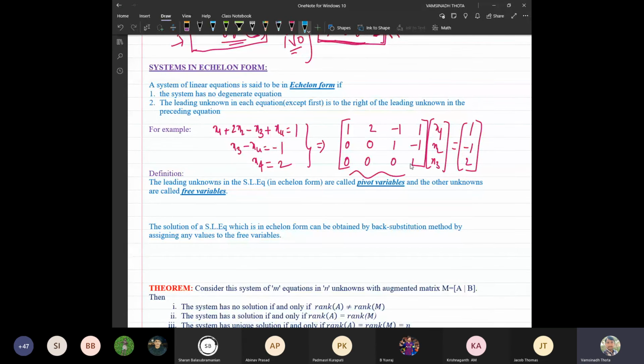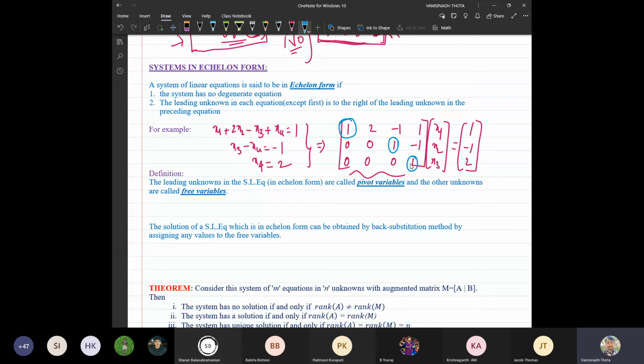So it relates to some variables, and here they call them pivot variables. For example, this is the pivot element for this row, and for the second row, this is the second pivot element, and this is also a pivot element for the third row.